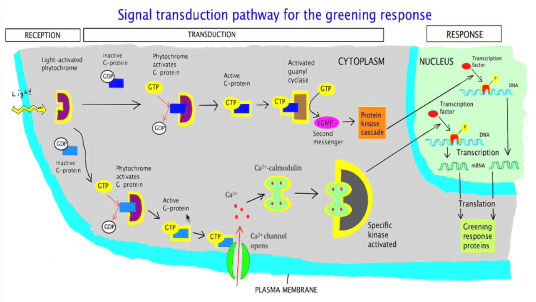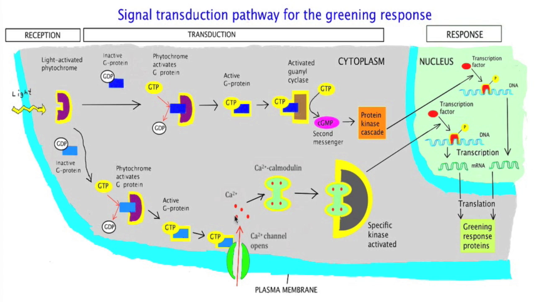That's what they show here. Once the G protein is activated, it's going to detach itself from the phytochrome and move over to the calcium ion channel. Because of the activated G protein, the calcium ion channel opens, letting in calcium ion molecules.